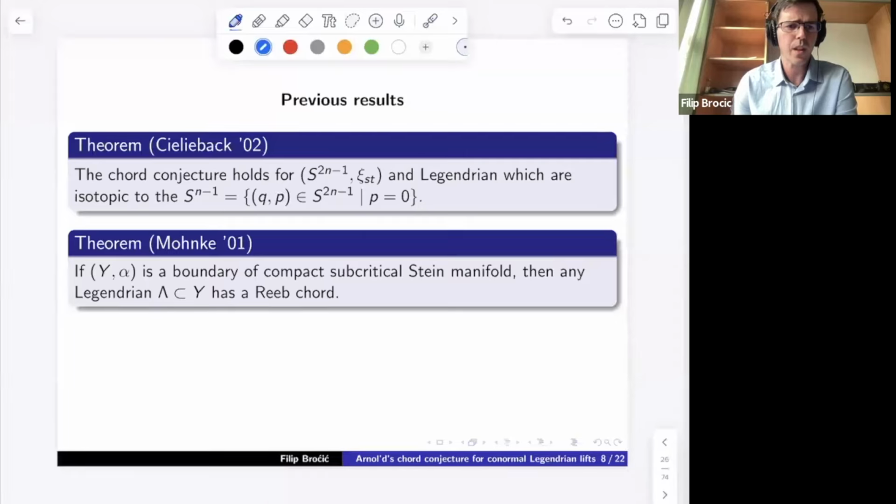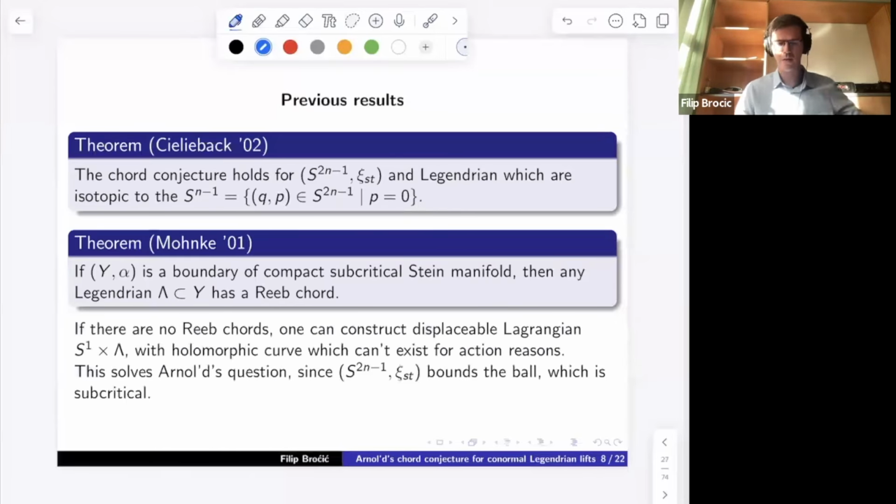So if Y alpha is the boundary of a compact subcritical Stein manifold, so a Stein domain, then any Legendrian in the boundary of the subcritical Stein domain has a Reeb chord. So in particular, since the standard contact sphere of dimension 3 is the boundary of the ball, which is a subcritical Stein domain, we have the chord conjecture in this particular case.